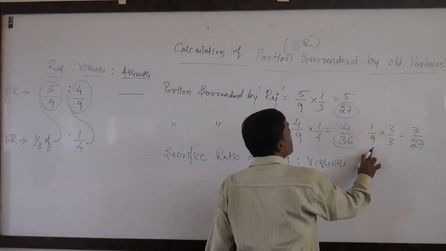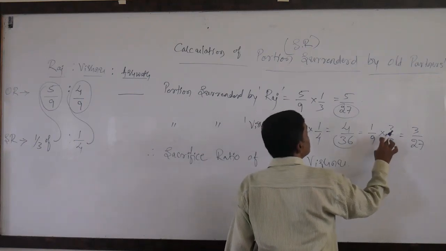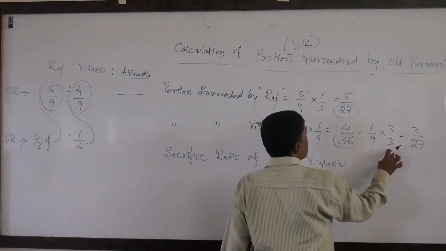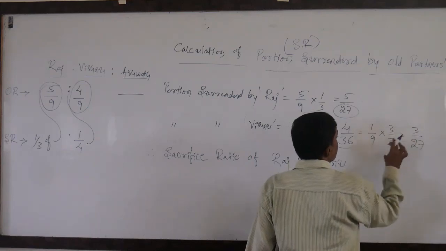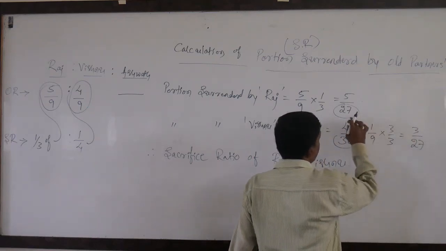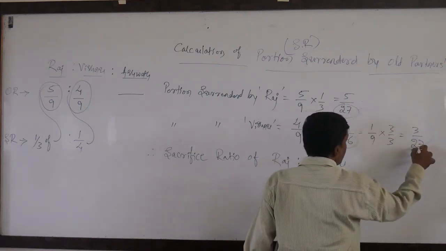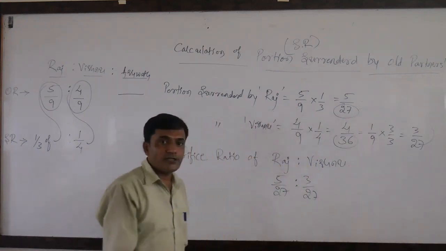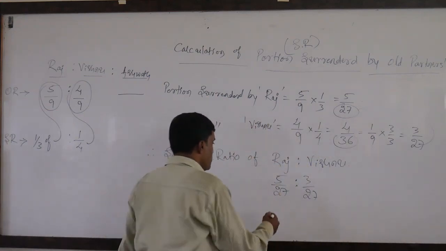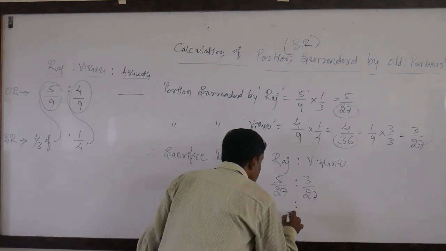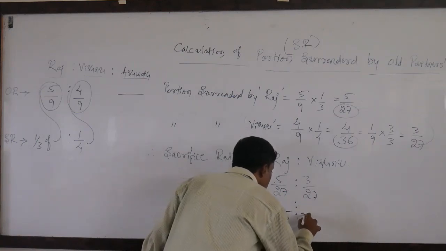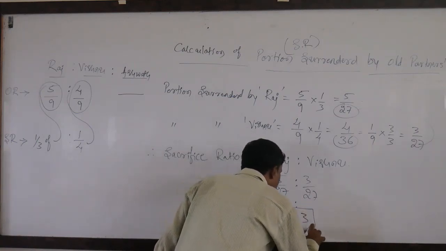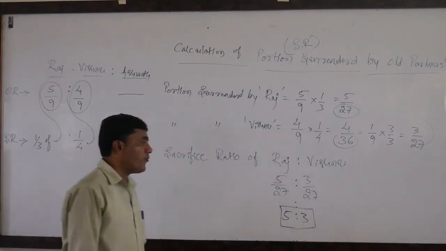That is the reason we multiply by the same figure 3/3. So 3 ones are 3, 3 nines are 27. So now both are similar. Then only we can convert the fractions into ratios. So look here, 5:3 is the sacrifice ratio of Raj and Vishnu.